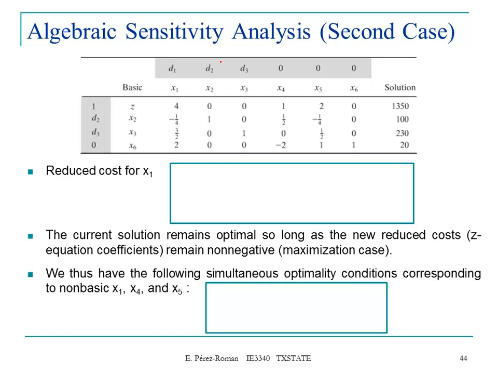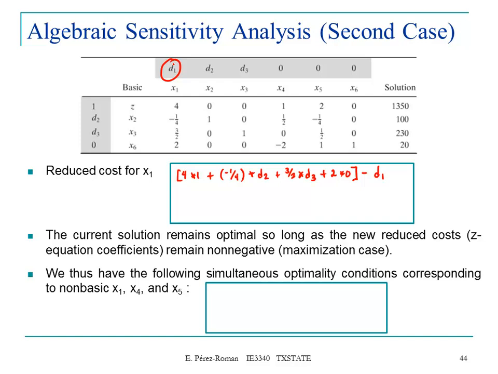Again, we'll have the following. For x1, we have 4 times 1 plus minus 1/4 times d2 plus 3 over 2 times d3 plus 2 times 0, and then all that minus D1, which is here.